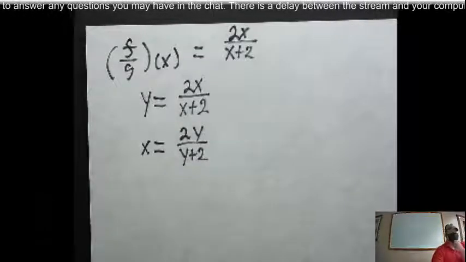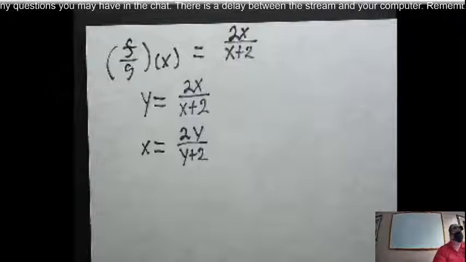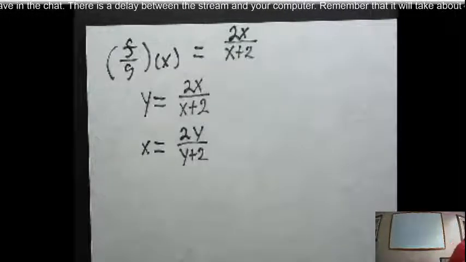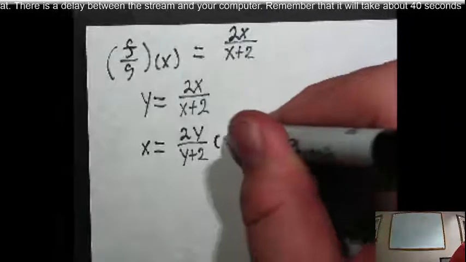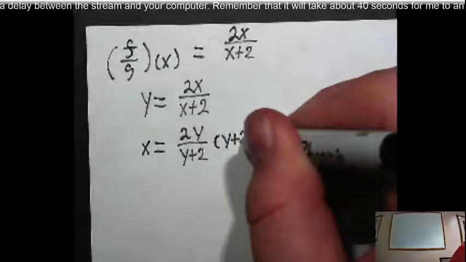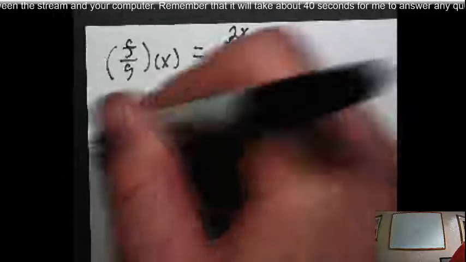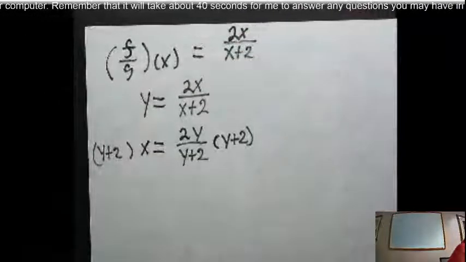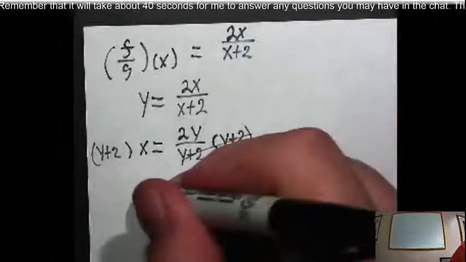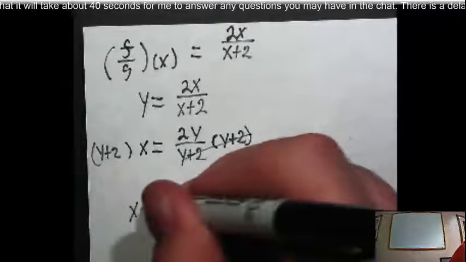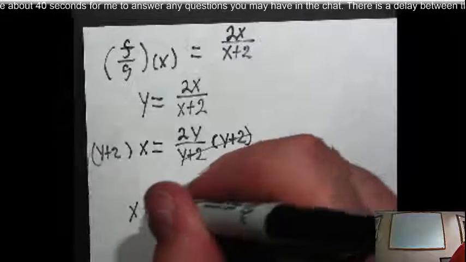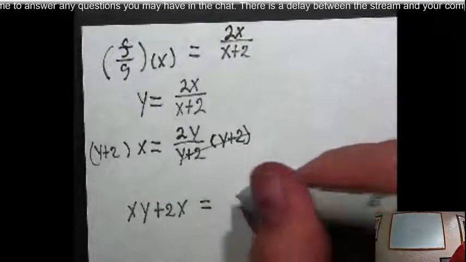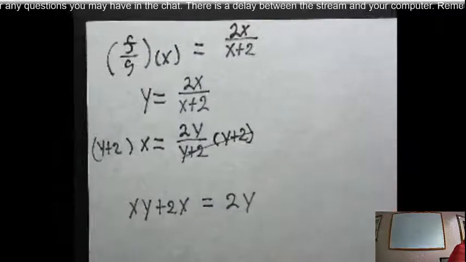And now we want to solve for y. Well, that fraction's kind of annoying me, so I want to get rid of this fraction. So I'll multiply by y plus 2 on both sides to get rid of that fraction. So that cancels there. This gives me x, y plus 2x equals 2y.